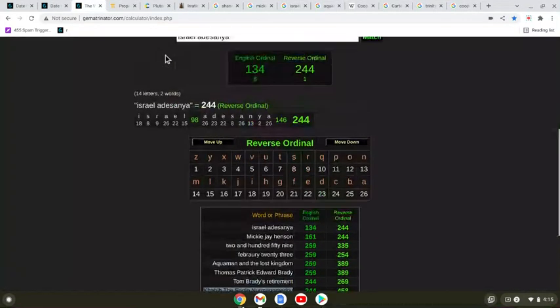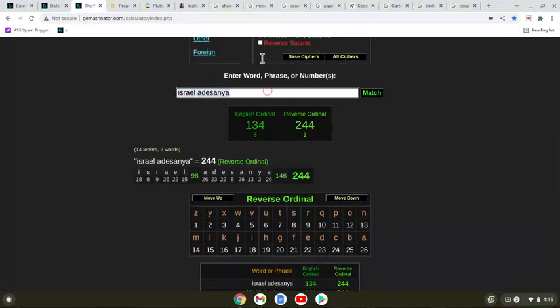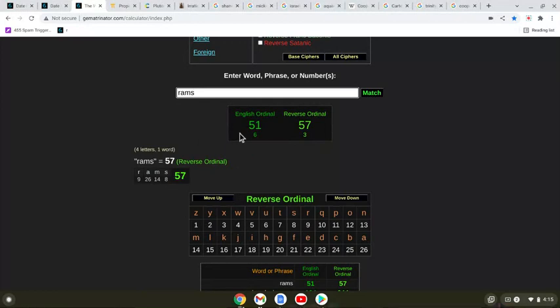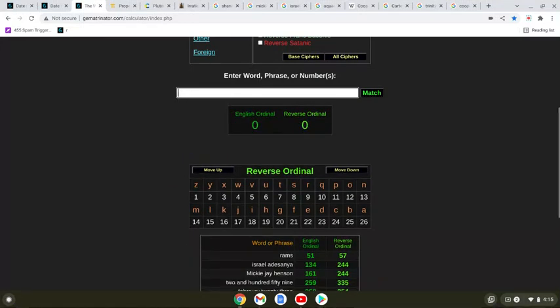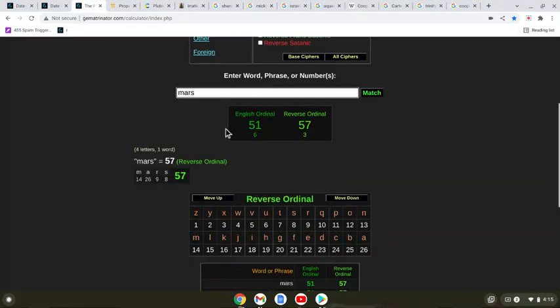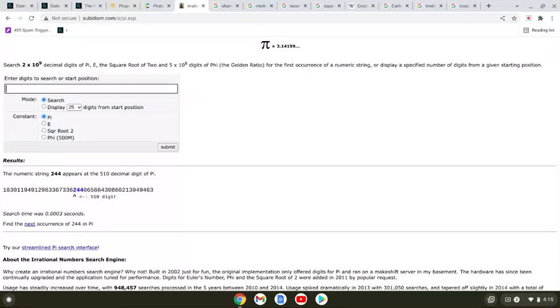Well, what does Rams equal in gematria, guys? 51. Okay, so 244 appears at the 510th digit, but it gets reduced to a 51 if you take off the 0, and Rams or Mars, I didn't spell it right, Mars is 51. Okay. Now, to go back up here to the numbers, let me show you what digits appear at the 244th digit.